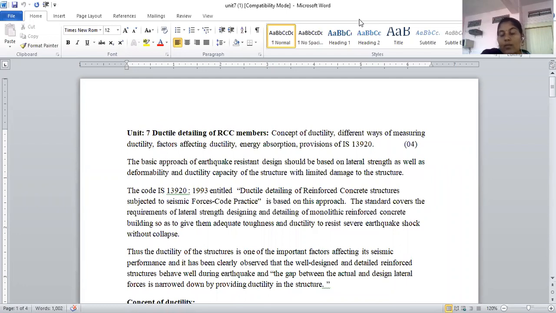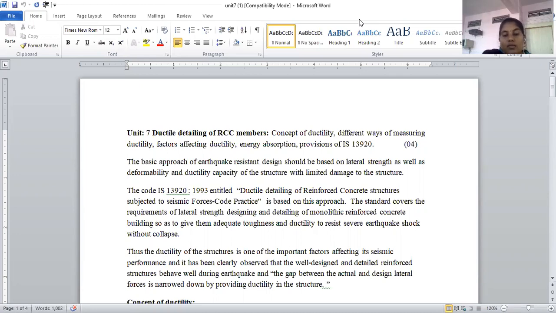That is IS 13920/1993. It shows how they have made the ductile detailing between the different RCC members, like slab, beam, columns, and how they have produced the building as an earthquake resistant building against the dynamic loads coming on the structures.